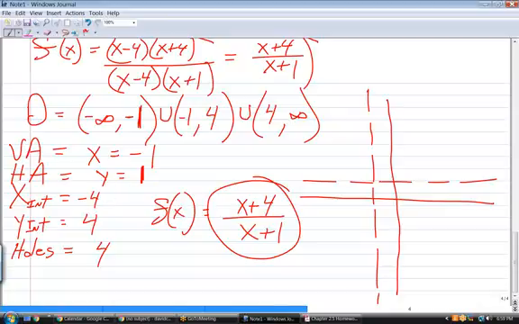The x-intercept is -4 and 0. When you say x-intercept, it means the second coordinate is 0. The x-intercept is -4. Where's the y-intercept? 4. So that's about right there.